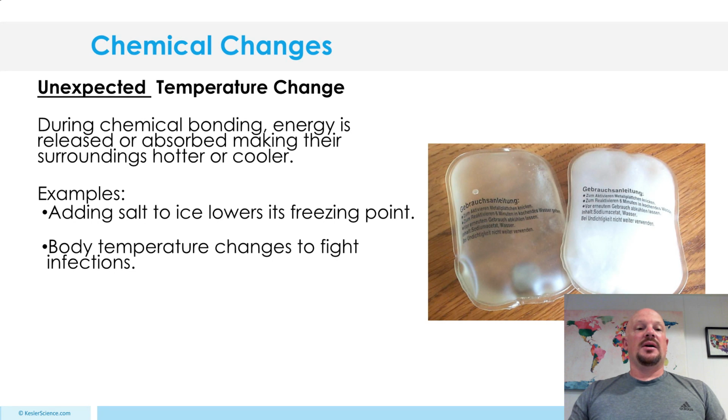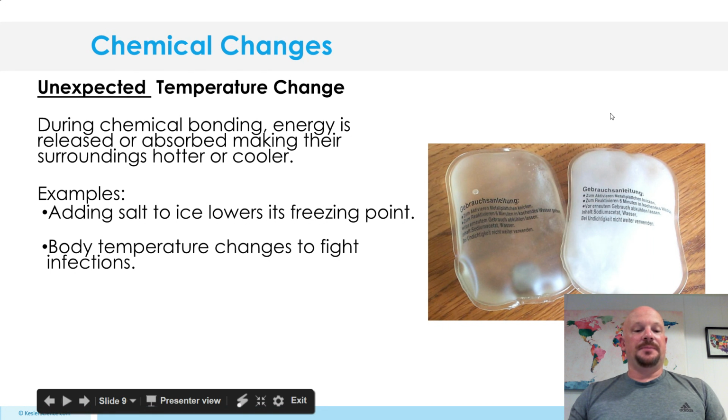Body temperature changes to fight infections. If you've been sick recently and you've had a fever, your body is heating up to be able to fight that infection. You haven't been sitting next to the heater necessarily when that happens, so it's not that physical interaction between your skin and a heat source. It's the internal chemical reaction that's taking place in your body.